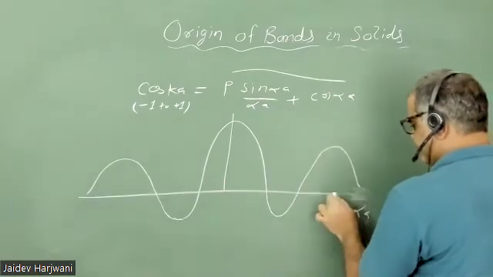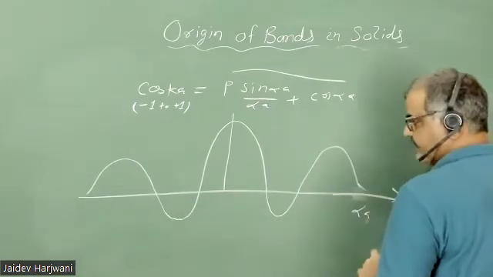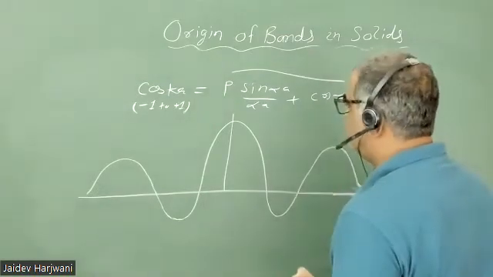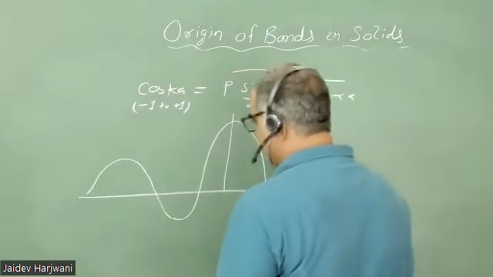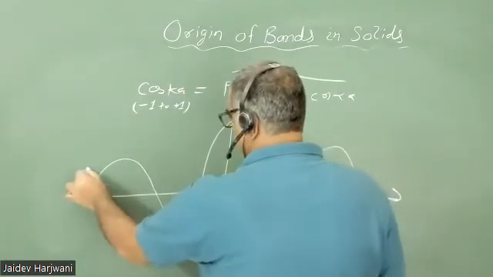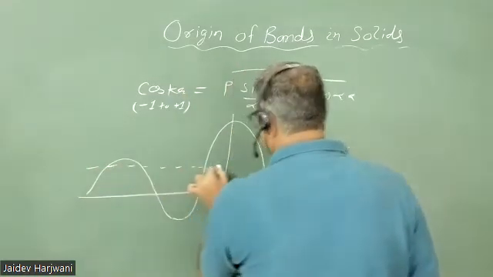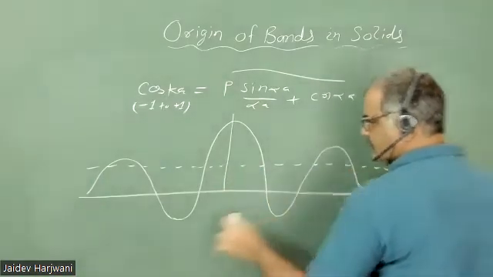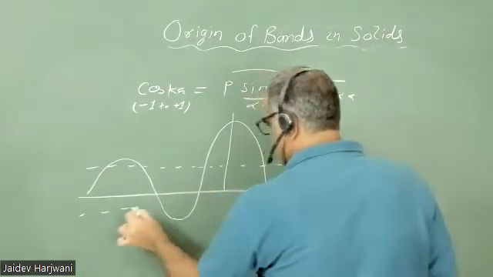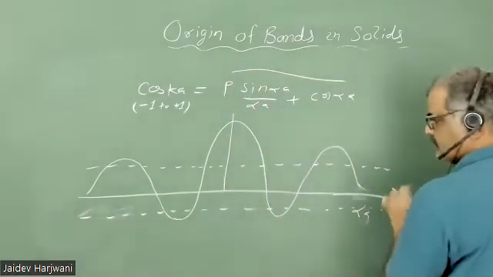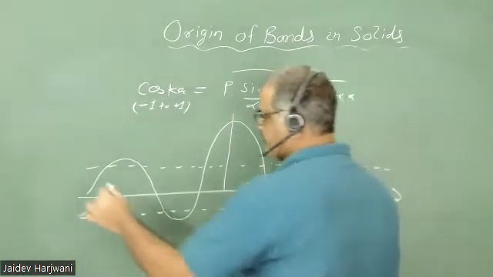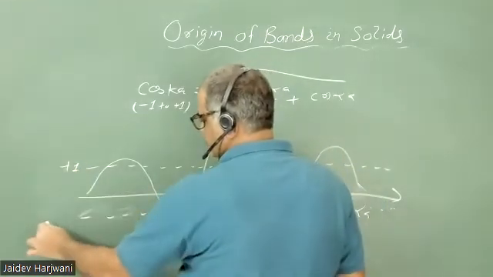But this cos ka varies from +1 to -1. So if I draw these values, I say this is my +1 and this is my -1.